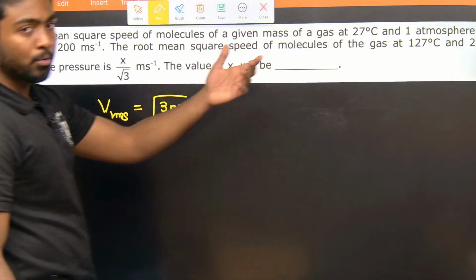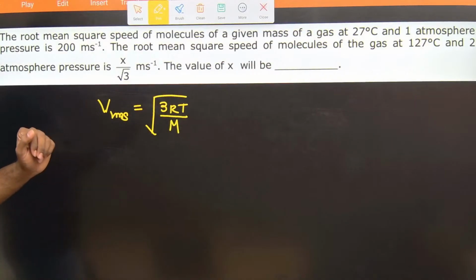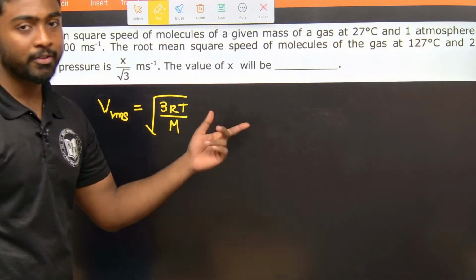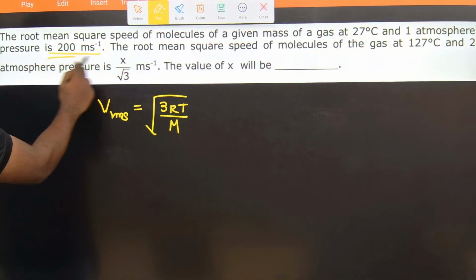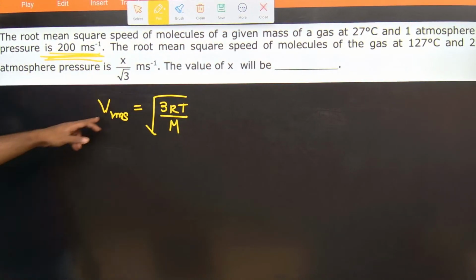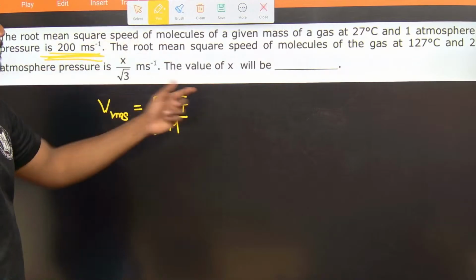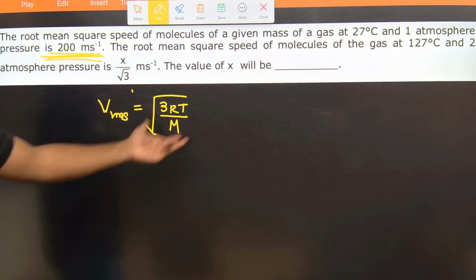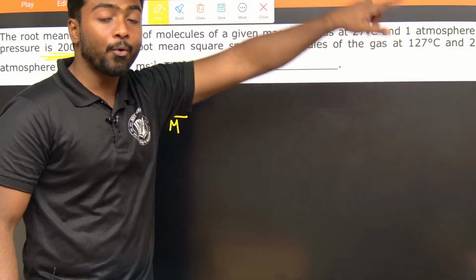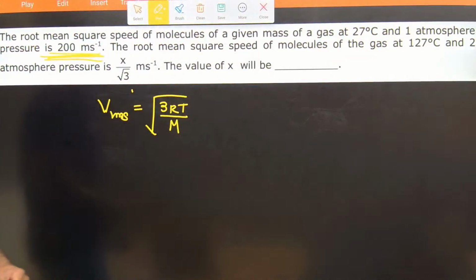Convert everything into Kelvin. 27 degrees Celsius means 273 plus 27, which is 300, and it is given as 200 meter per second. Substitute the value, and for the second case it is x by root 3 meter per second, at 127 degrees Celsius, so 400 Kelvin.